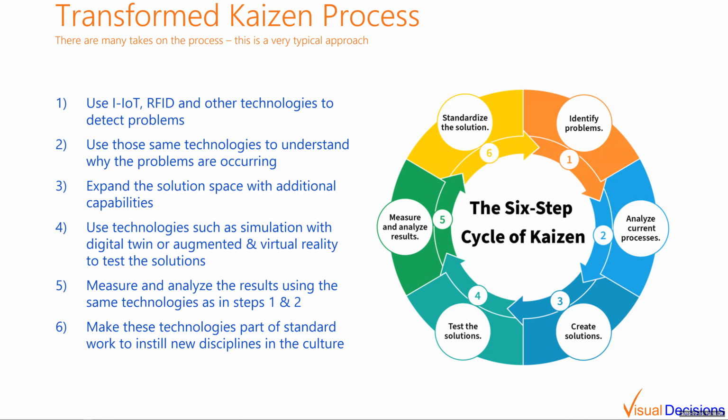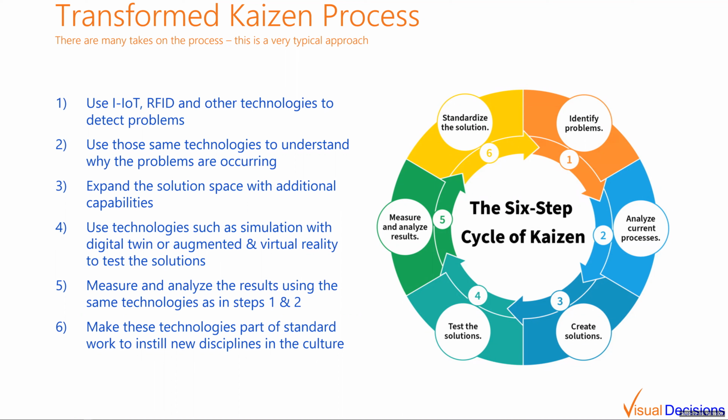Analyzing the current processes: if I'm grabbing that lower level data, I'm able to see how the machine performs when I'm running this material, how it runs when this operator's running the process, and how I can utilize this tag information to predict when some output variable is going to occur, and so forth. All of that is very easy to do with these technologies.